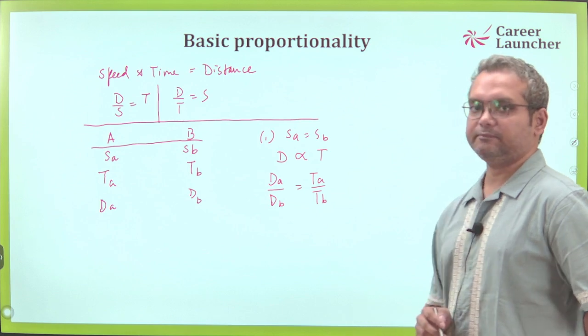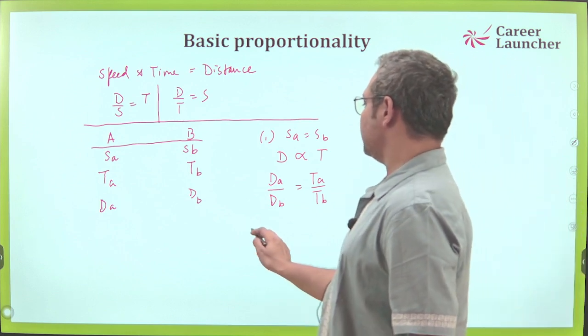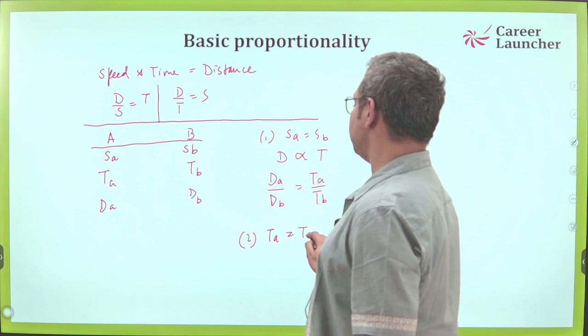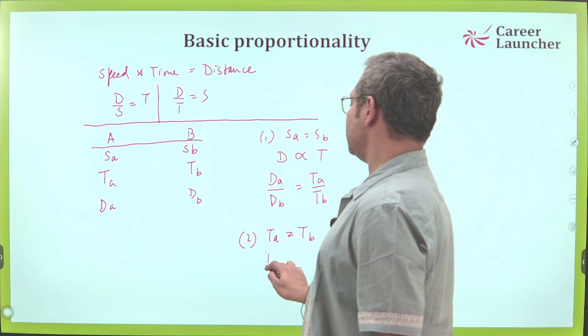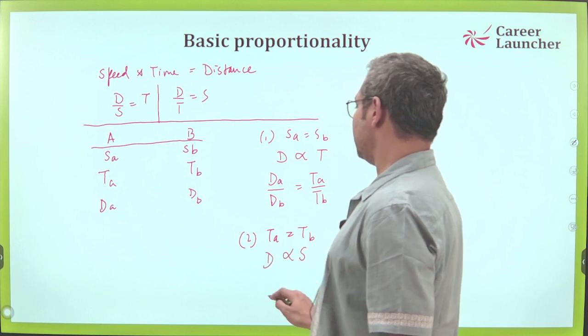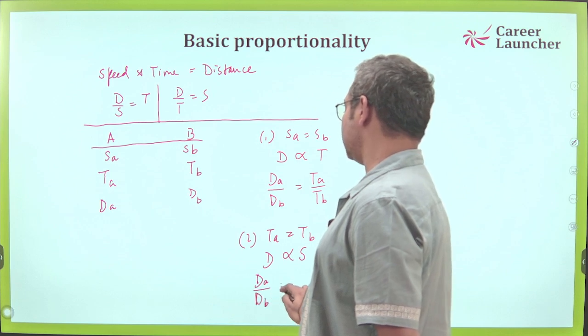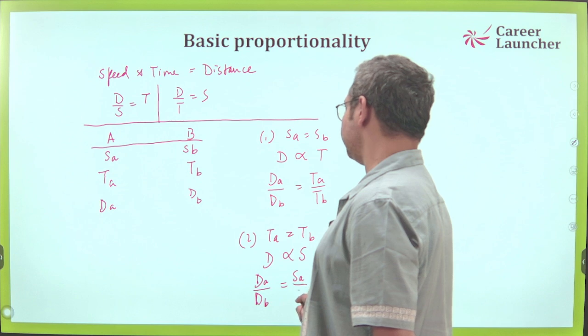Point number 2. If I assume that the time of travel is the same, then distance will be proportional to speed, and hence distance ratio is equal to the speed ratio.